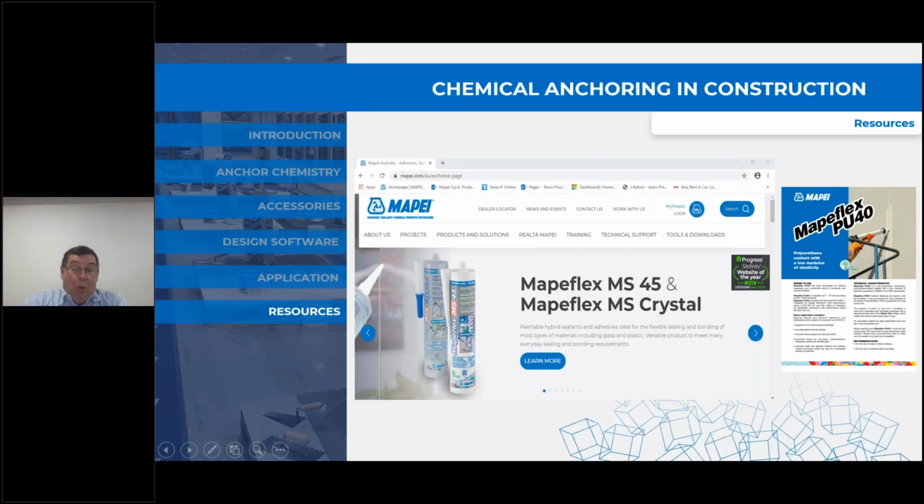Moving forward, resources-wise, Mapei has a wonderful website with a lot of information, all of the technical data sheets, the safety data sheets, relevant information, including project references from the world over. So have a look at our website. There's lots of wonderful information that you can source there.